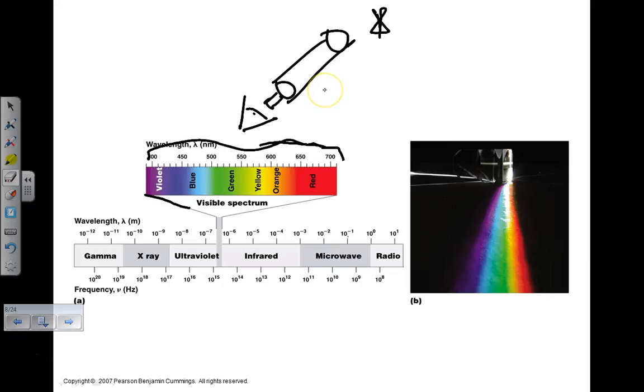You can have a radio wavelength that is like 300 meters, which is huge. Notice what happens to the frequency. As the wavelength increases, the frequency decreases. And so that's the relationship that I want you to keep in mind. We're going to explore that relationship in the next video.